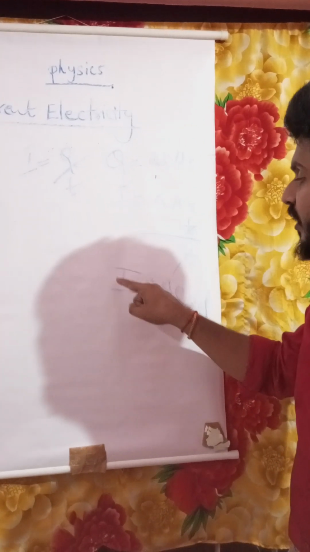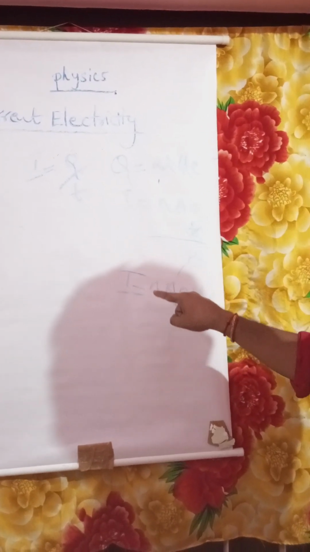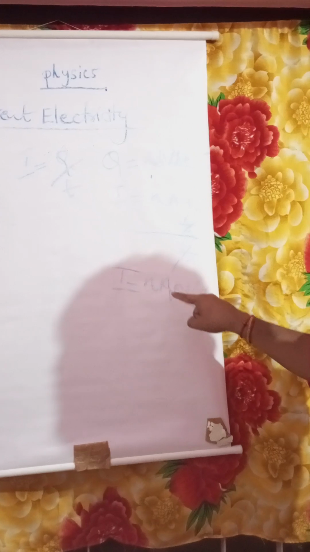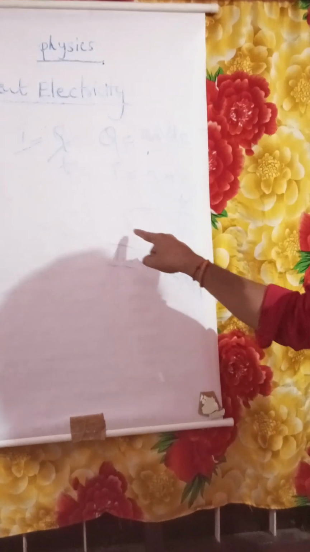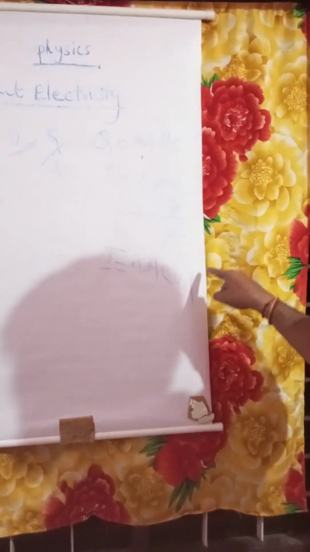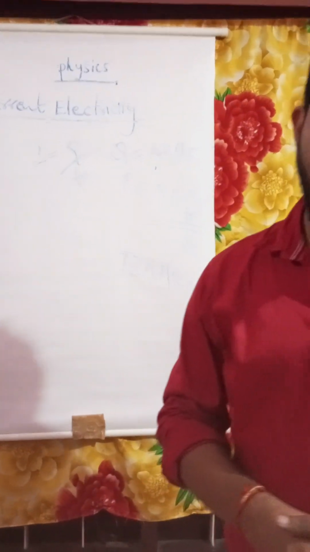So the electric current I produced is equal to the number of electrons per unit volume n, the area A, the charge of electron e, and the drift velocity Vd. So the relation between the drift velocity and electric current is I is equal to nAeVd. I hope all of you understood this. Thank you.